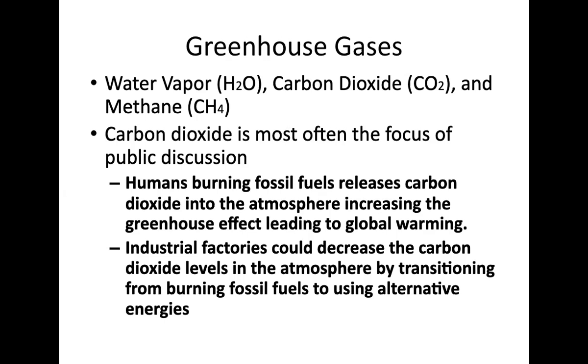Industrial factories, like what I have cooking on the board, could decrease carbon dioxide levels by transitioning from burning fossil fuels to using alternative energies. But currently, factories are still pushing excess fossil fuel emissions into the air. Does that make sense?